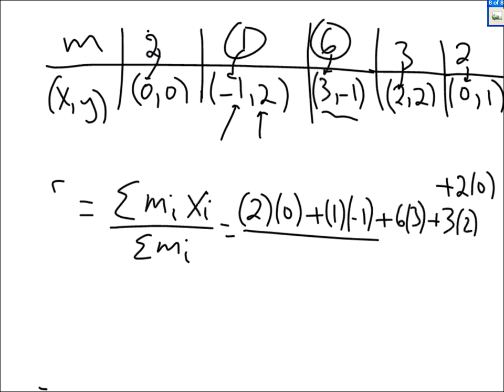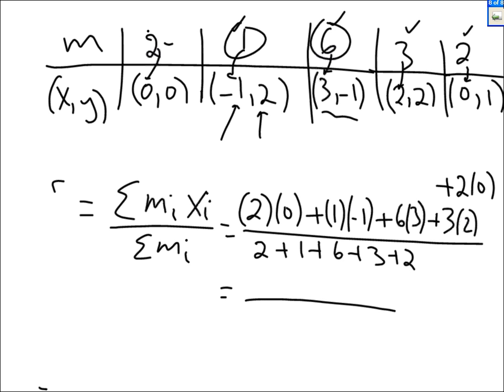And I divide this by the sum of the masses. 2 plus 1 plus 6 plus 3 plus 2. And for the bottom, I get 6, 8, 9, 11, 14.